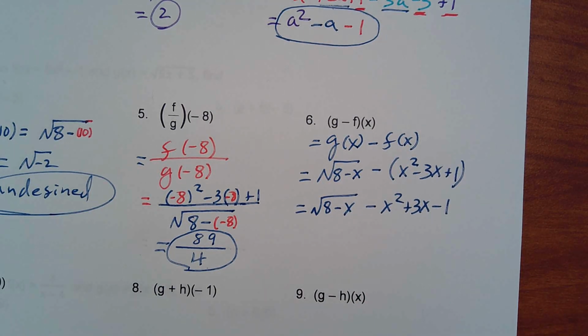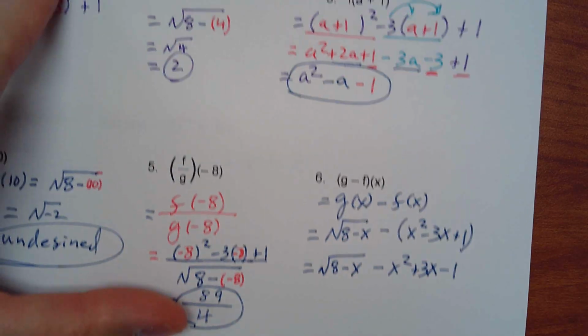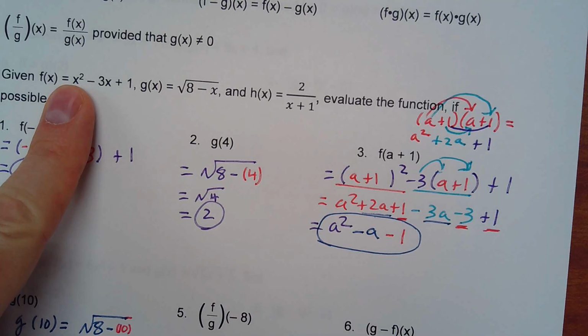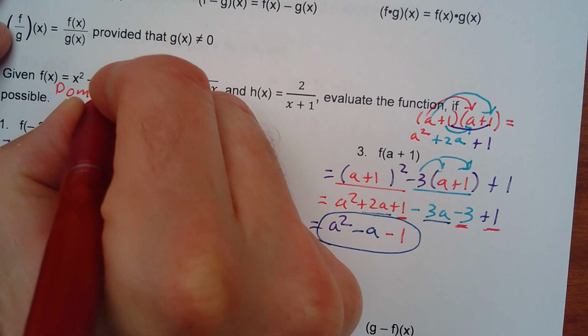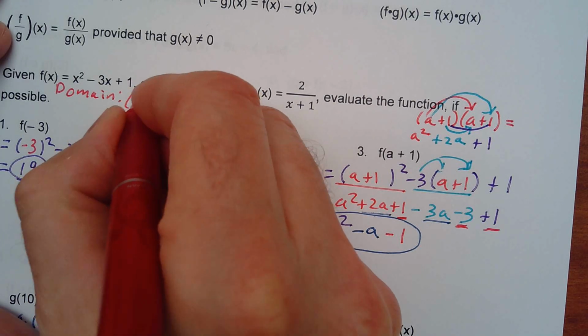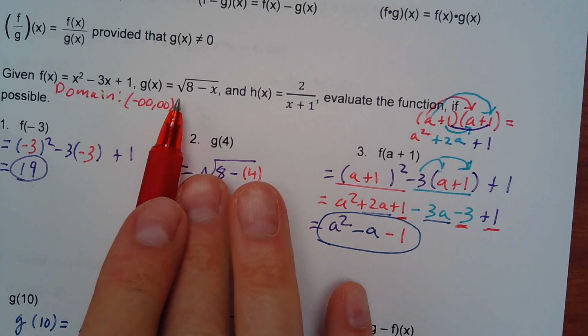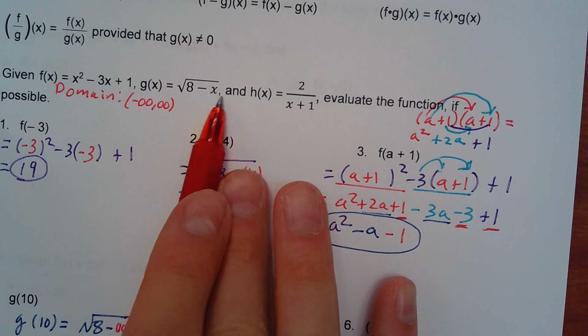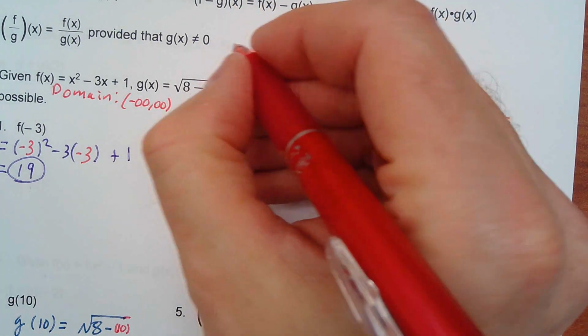Now, just a little note on the domain here. If my function f, I've looked back up here, my domain here was all real numbers. For g, this thing here is only defined when 8 minus x is greater than or equal to 0.